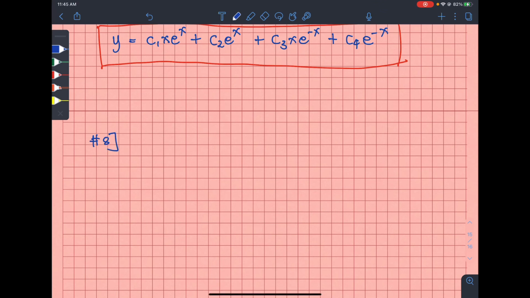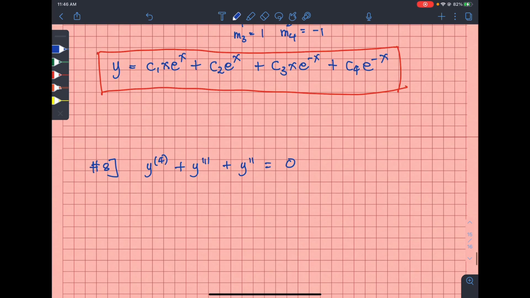Let's have another one naman. Ito. y to the fourth derivative plus y triple prime plus y double prime is equals to 0.